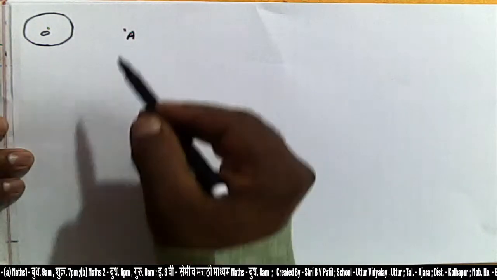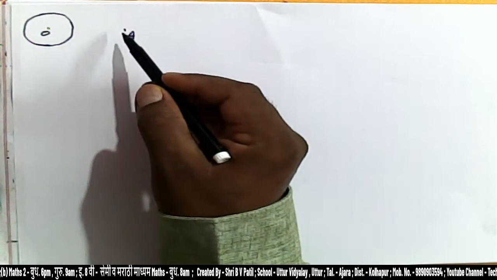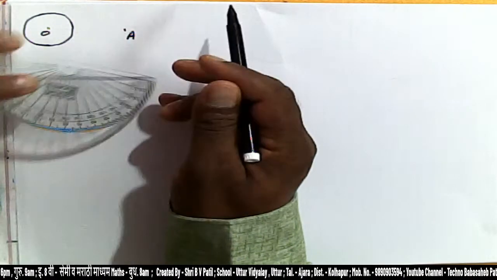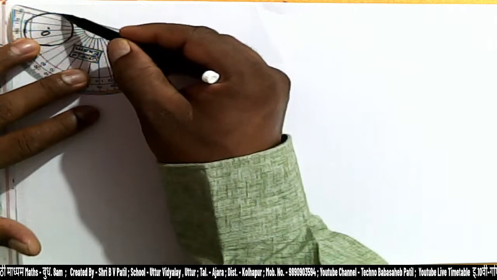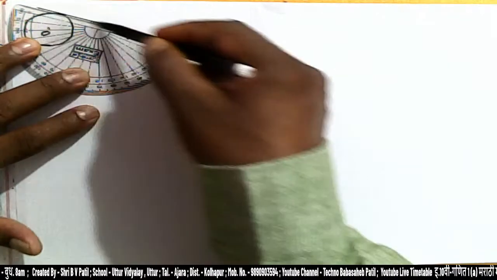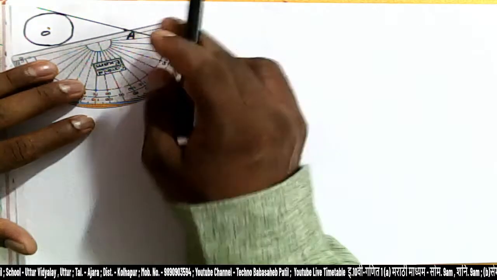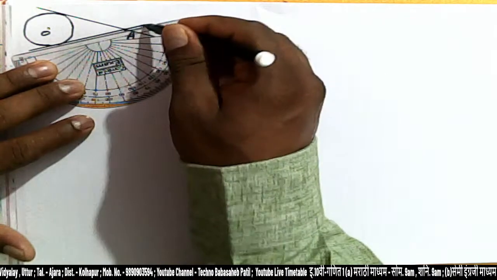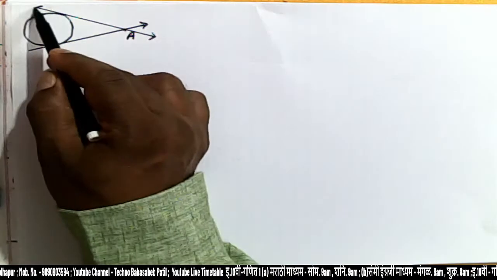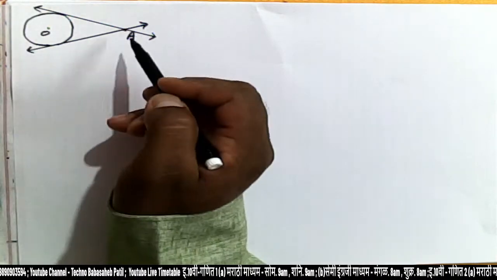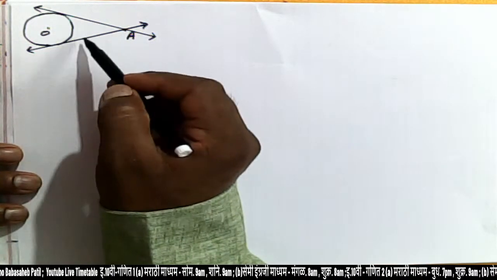Then from point A we can draw tangents. How many tangents can be drawn? First we draw one like this, and second we draw one like this. So how many tangents can be drawn from an exterior point? Two tangents can be drawn.